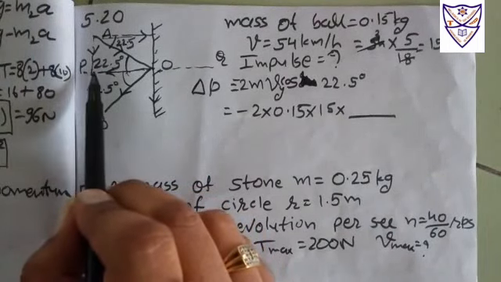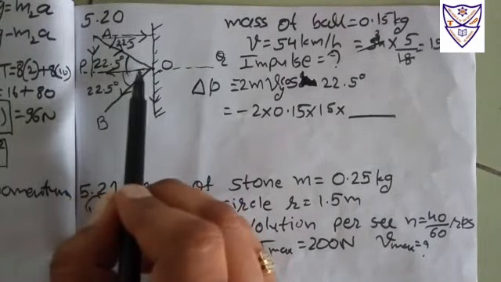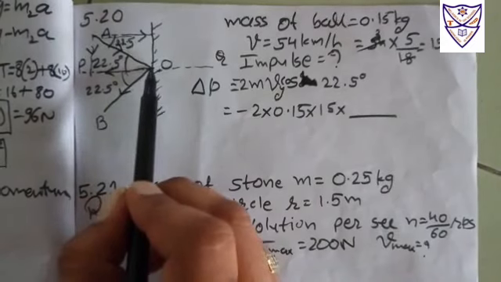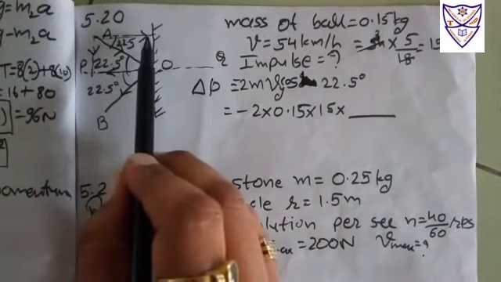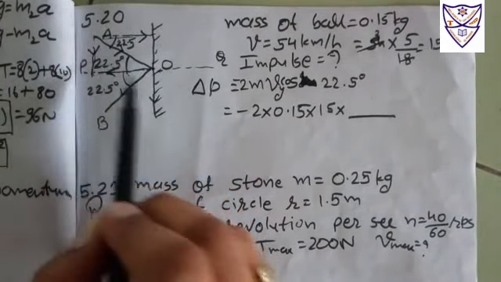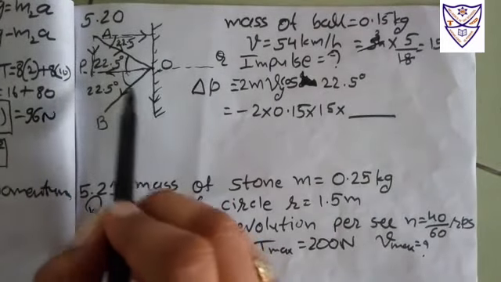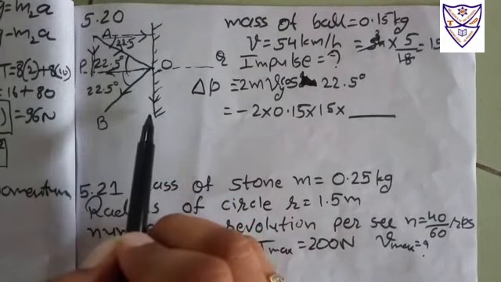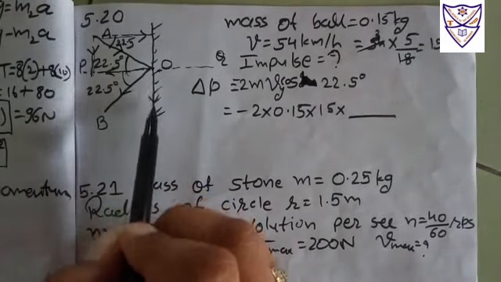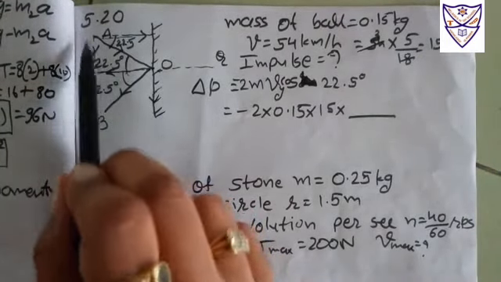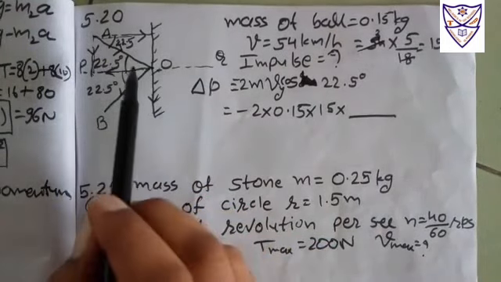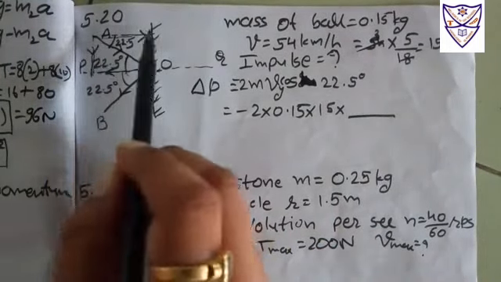If you are talking about only horizontal, this is the left hand side direction and this is the right hand side direction. But for vertical, the change will be 0, because they are in the same direction. So for the same direction, this minus this gets 0. So we need to talk about only these terms.